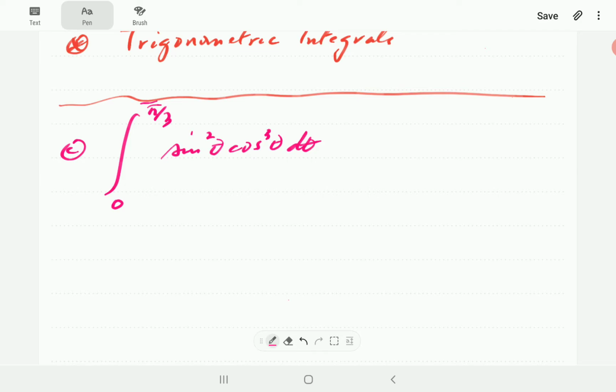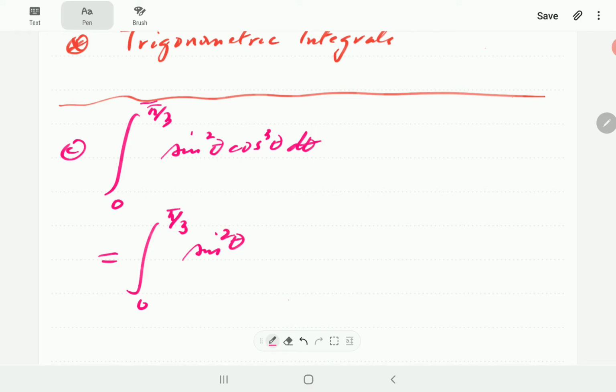The guideline is that if one of the powers is odd, we save one of those terms and then write everything else in terms of the other function. So here we can see that the power of cosine is odd. So what we are going to do is save a cosine.